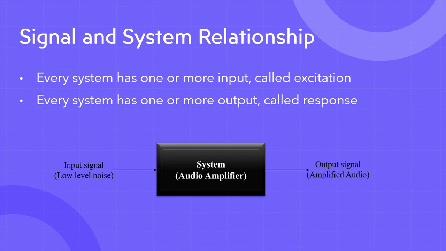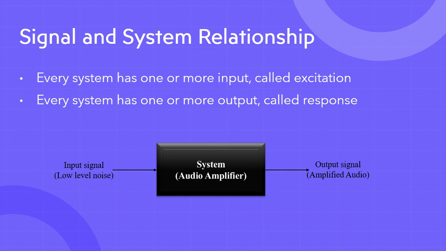Always remember the output and input of any system will always be a signal. The input given to a system will always be a signal, and the output which we will be receiving from the system will again always be a signal.